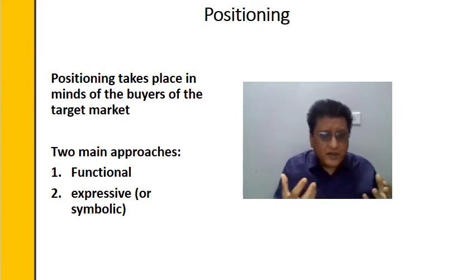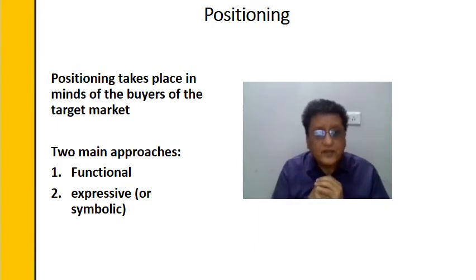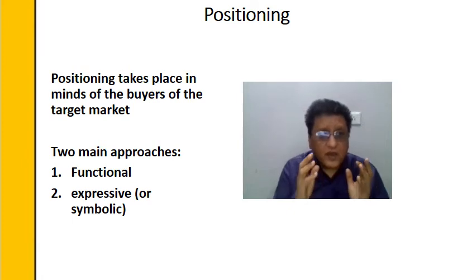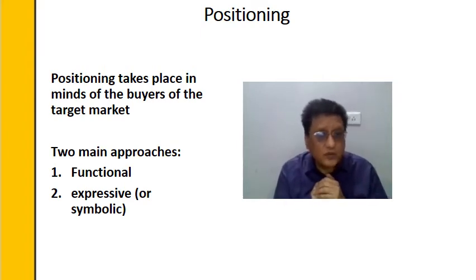So if I am supplying machine oil to, let us say, a factory, one position can be that I am trying to tell the buyer that I am the most reliable supplier; even if the product is in short supply, I would supply you. There was a time in India when lubricant oil, engine oil or machine oil, basically lubricants, used to be in short supply.